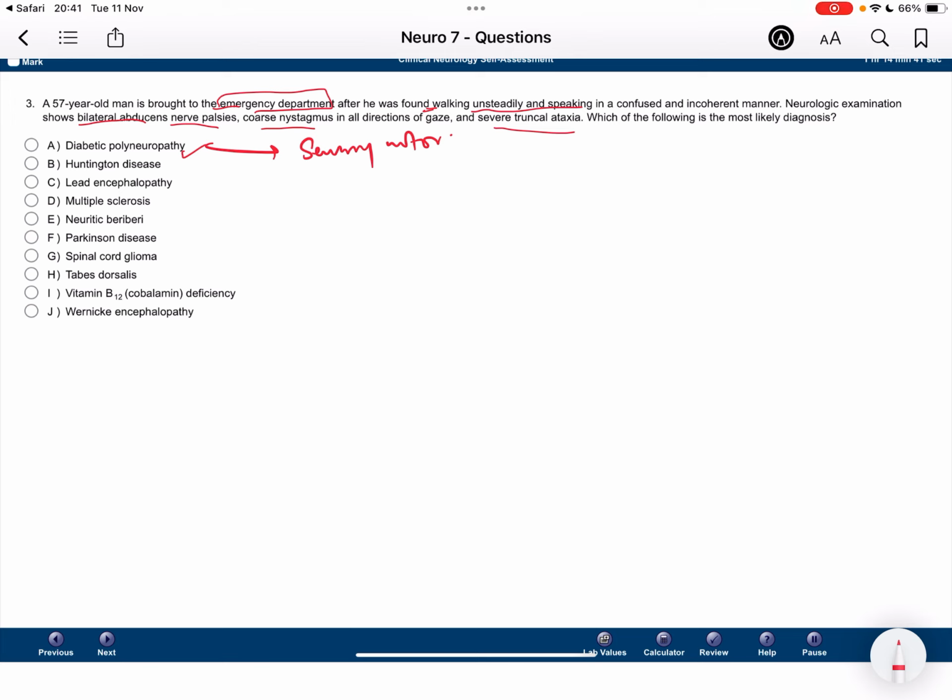But diabetic polyneuropathy is very unlikely to produce multiple nerve palsies, and nystagmus and severe truncal ataxia would not be findings in diabetic polyneuropathy. However, there can be ataxia because of the involvement of the peripheral neuropathy, but the presence of nystagmus and multiple cranial nerve palsies is very rare.